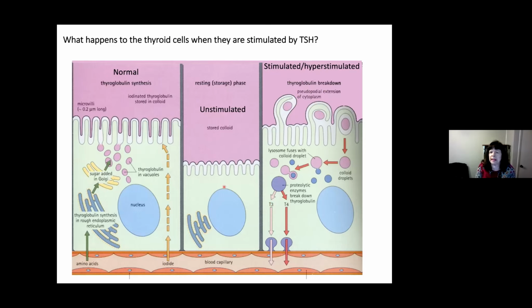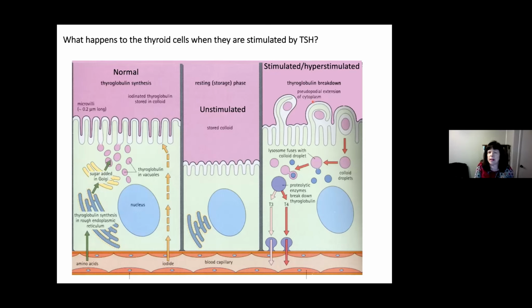Now, one of the things that can happen is if you have a problem with your thyroid, it will shrink actually. And the other thing that can happen is, let's say you can't make T3 and T4. Let's say you can't put iodine on it, for example. Then you're going to have no negative feedback.